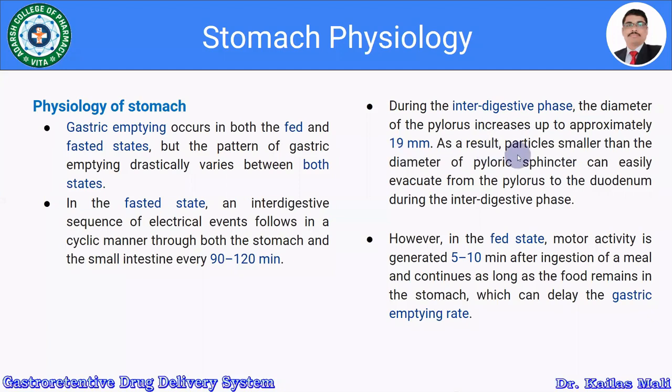As a result, particles smaller than the diameter of the pyloric sphincter can easily evacuate from the pylorus to the duodenum during the interdigestive phase. However, in the fed state, motor activity is generated 5 to 10 minutes after ingestion of a meal and continues as long as the food remains in the stomach, which can delay the gastric emptying rate. So this is about the fasted state and the fed state.